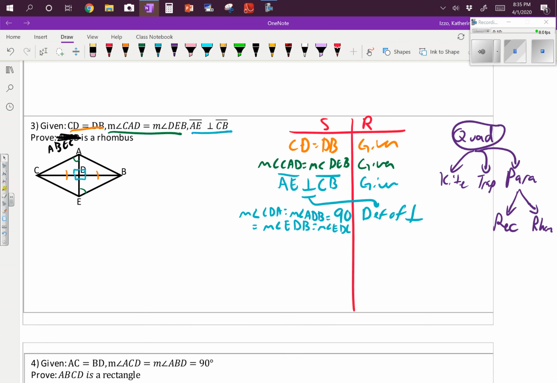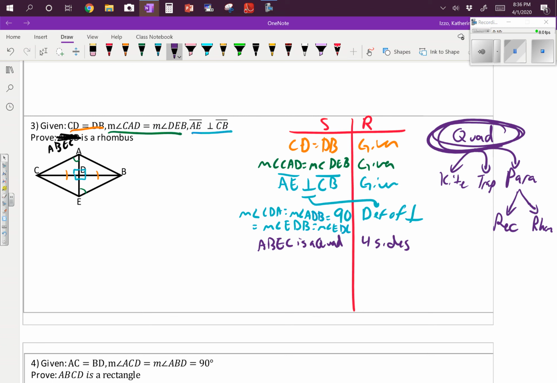So I need to start all the way up at quadrilateral. And I can say ABC is a quad because it has four sides. Woot! Done! Quadrilateral has been completed. Now we need to prove it's a parallelogram.